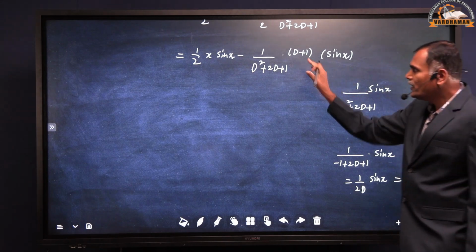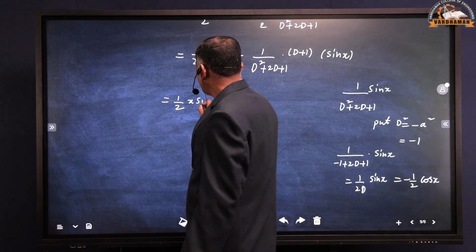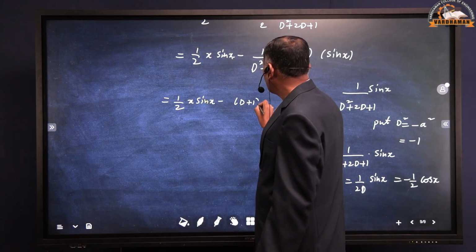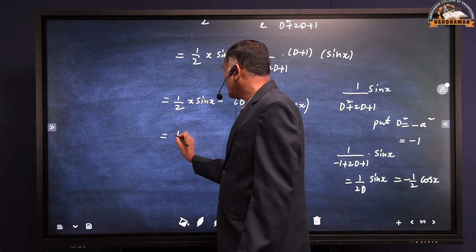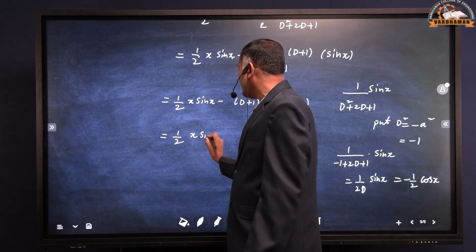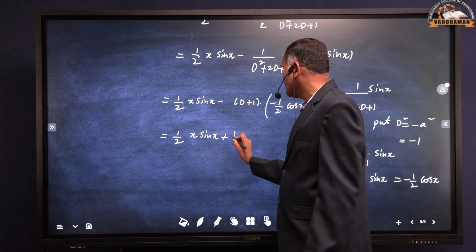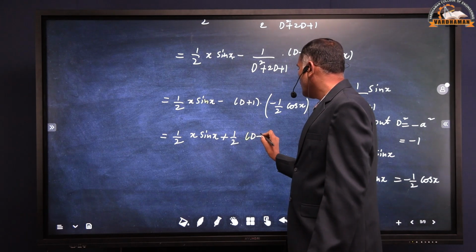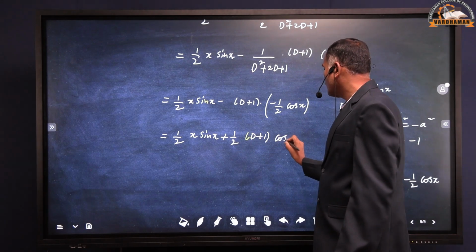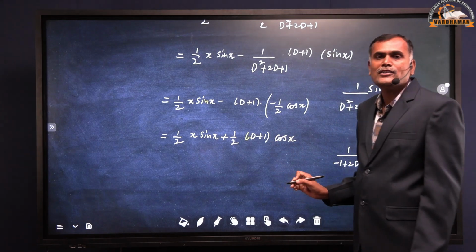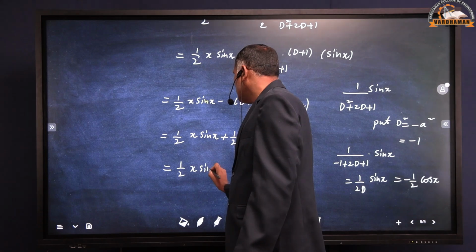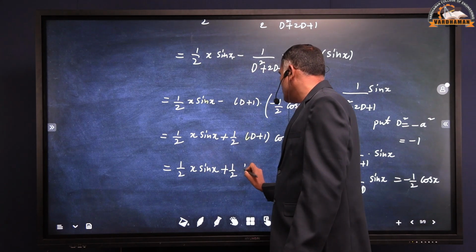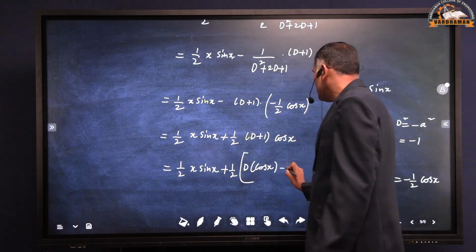Now you substitute that here. You will get x sin x minus D plus 1 times minus 1 by 2 cos x. Again further simplify. 1 by 2 times x sin x, minus becomes plus, 1 by 2 times D plus 1 of cos x. D means differential operator, derivative. 1 by 2 times x sin x plus 1 by 2 D of cos x plus cos x.